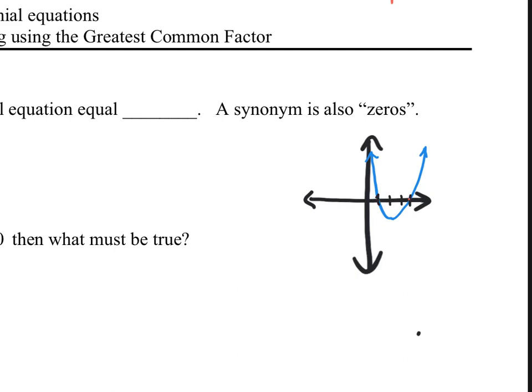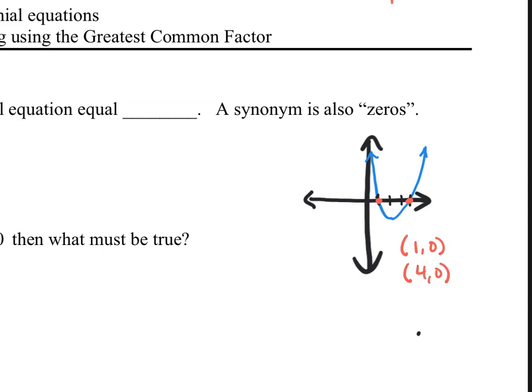What's special about x-intercepts, no matter where they are along the x-axis, whether it's a quadratic, linear or cubic, whatever your function type is, is that an x-intercept always has a 0 for its second coordinate. Like that first one is (1, 0), and the second one is (4, 0).